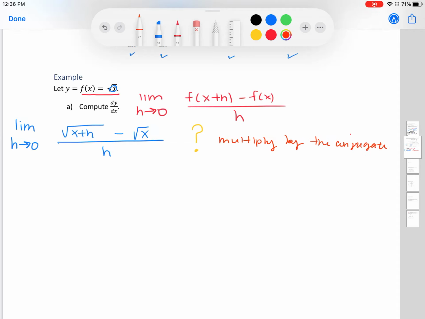So let's multiply by the conjugate of the numerator, so that we have the limit as h is approaching 0 of the square root of x plus h minus the square root of x all over h. And we're going to multiply by the conjugate. So we have square root of x plus h plus square root of x, and the same thing in the denominator.